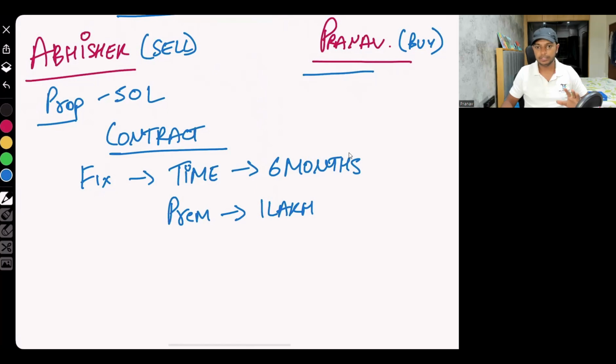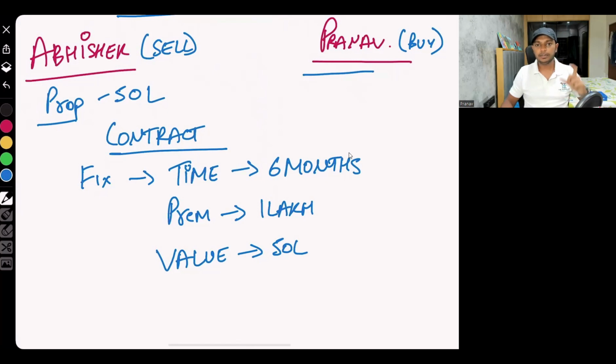Once paid, it is done. And Abhishek has to wait for a period of 6 months. And the value at which this contract has been made is 50 lakh rupees. So irrespective of what the market value of the asset is going to be after 6 months, Pranav is only going to pay 50 lakhs to Abhishek, and that is also not guaranteed.